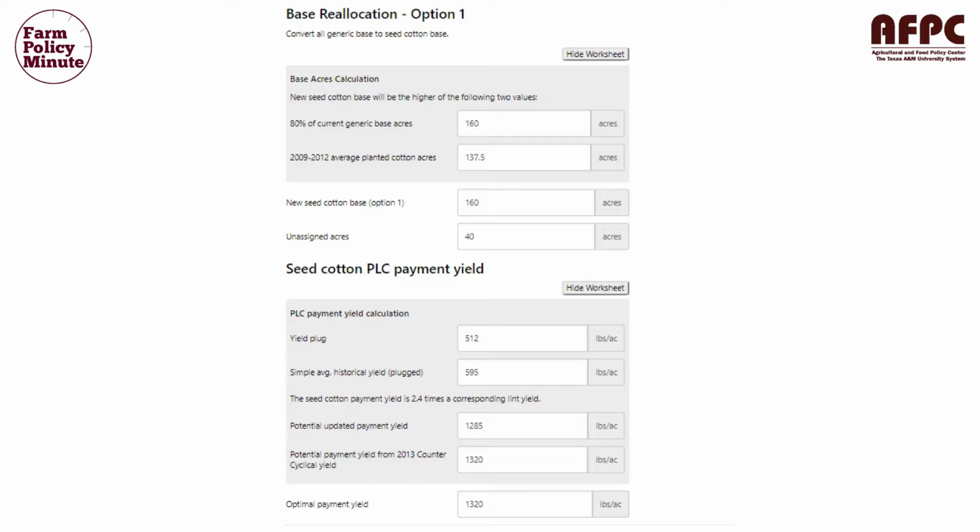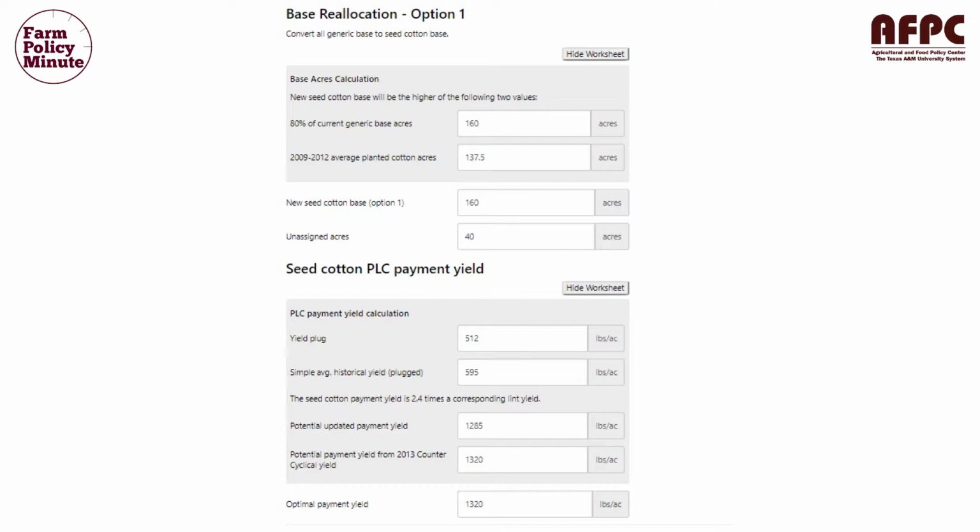I know that I underplanted relative to my generic. So option 1 really isn't going to give me a chance to keep all my base acres. All the generic would not be able to convert. I can't think of a situation where it would. Because you take the higher of 80% of the generic or the plantings, and the plantings I just said would be lower. So that's what happens.